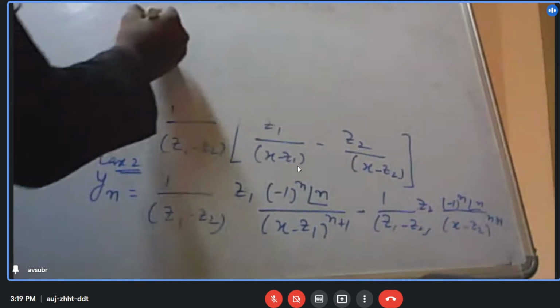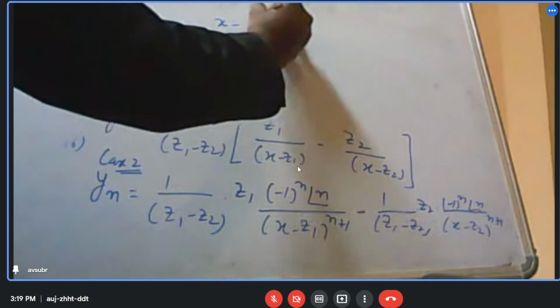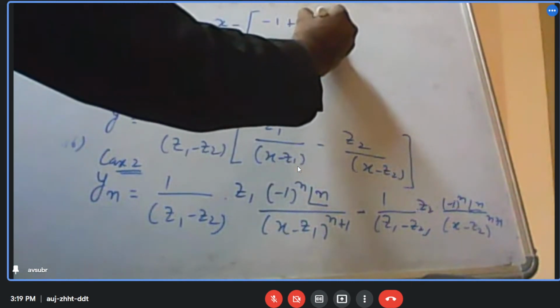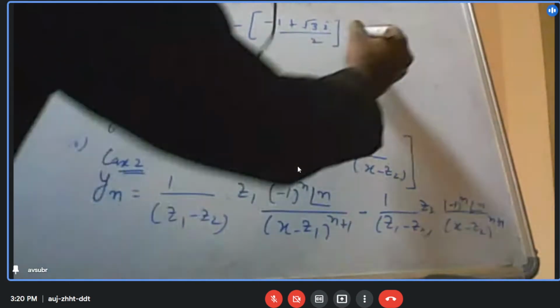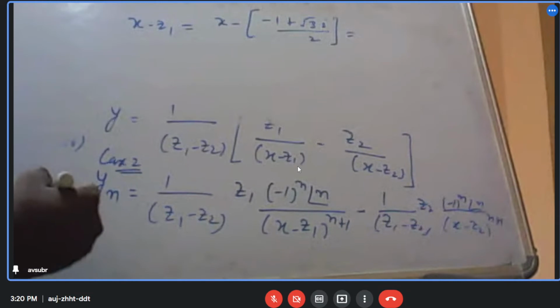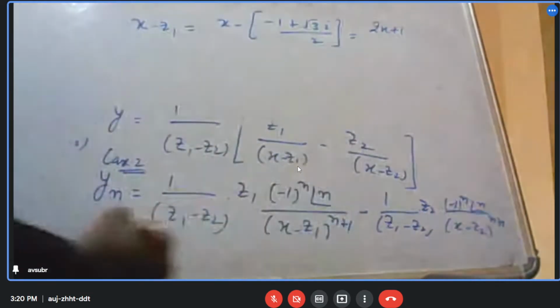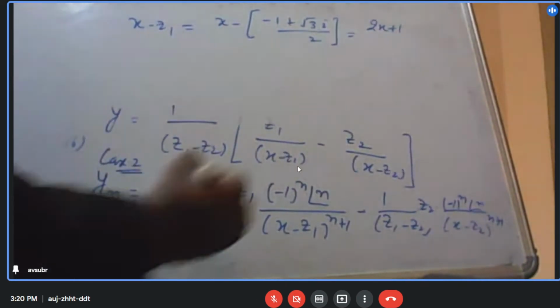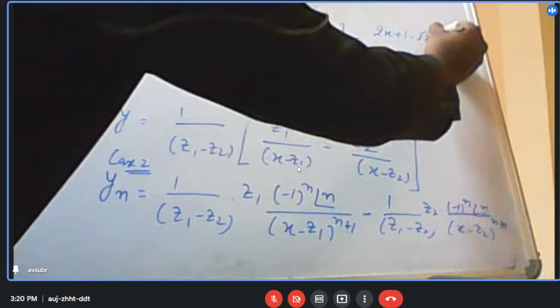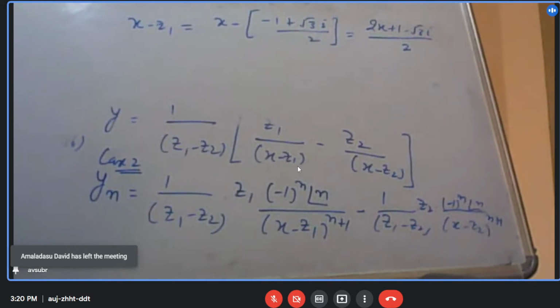Now x minus z1 is equal to what? x minus (-1 plus root 3i by 2). That is equal to twice of x plus 1, minus root 3i by 2. All right? Fine.